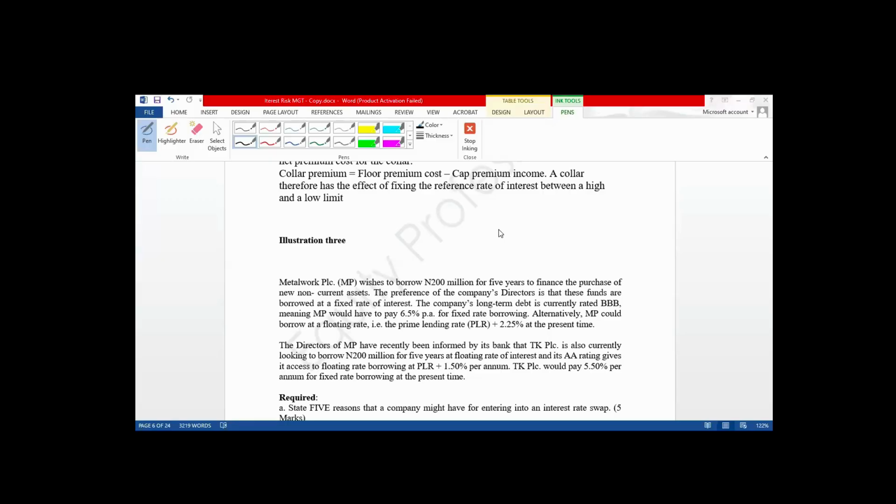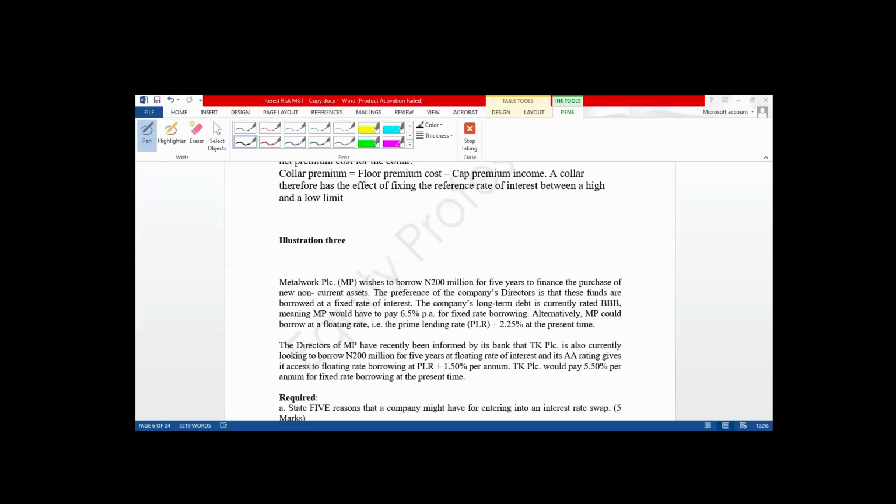I'll refer to the question. Now look at the question. Metalwork PSC wishes to borrow 200 million for 5 years to finance the purchase of a new non-current asset.